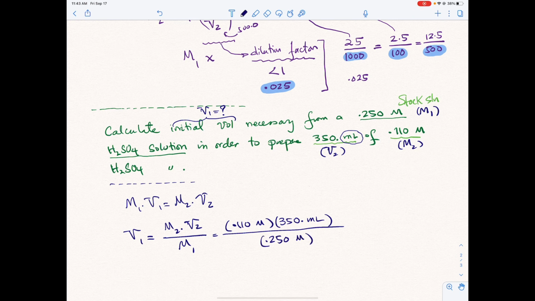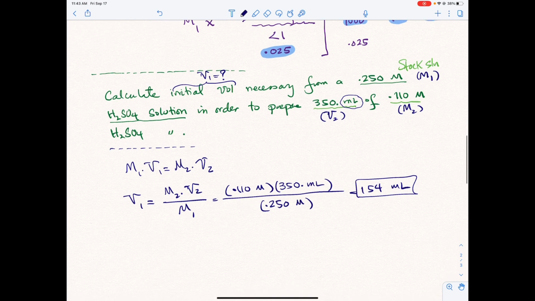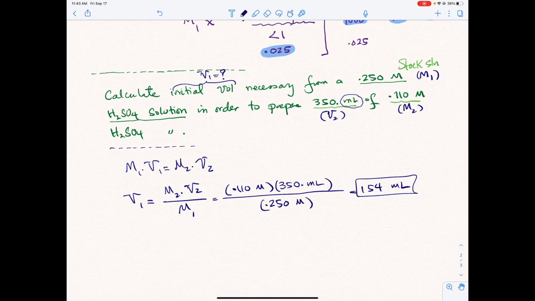And this would be, of course, a volume far less than 350 ml. So let's go ahead and do that: 0.110 times 350 divided by 0.25. This gives me 154 milliliters. So I need to take 154 milliliters of the stock solution to achieve this dilution and create a less concentrated solution.